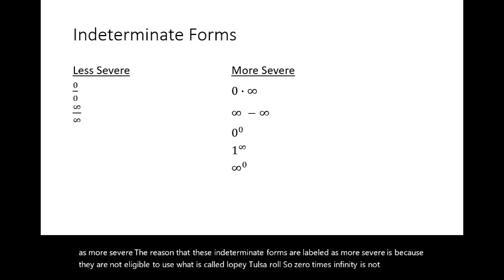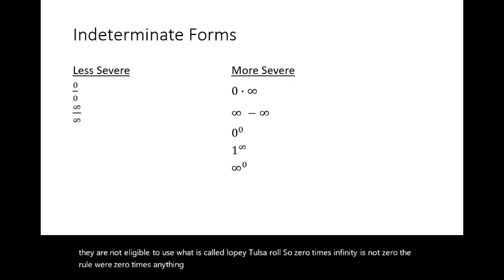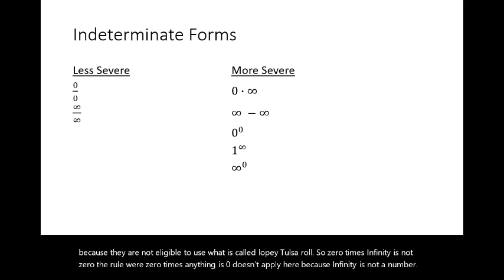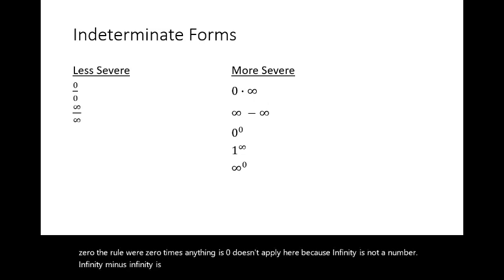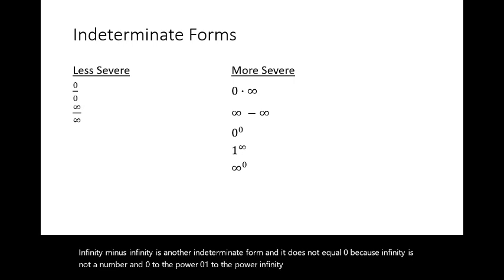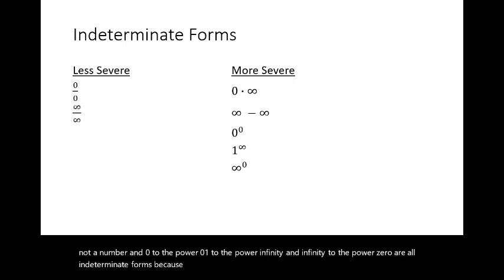The rule where 0 times anything is 0 doesn't apply here because infinity is not a number. Infinity minus infinity is another indeterminate form, and it does not equal 0 because infinity is not a number. And 0 to the power 0, 1 to the power infinity, and infinity to the power 0 are all indeterminate forms because mostly infinity is not a number.